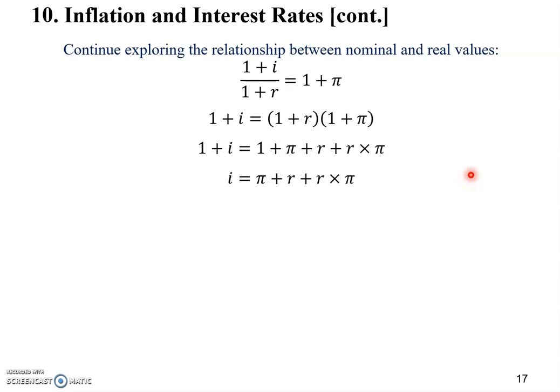Now, the last thing we're going to do is remove the last item on the right-hand side of the equation. Why? Because this product is going to be too small. Real interest rate in the United States, for most of the time, is just 1 or 2%.